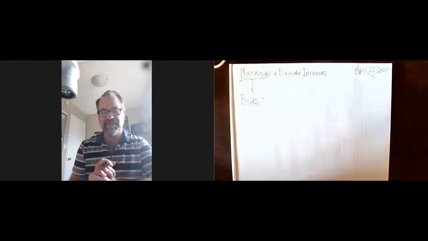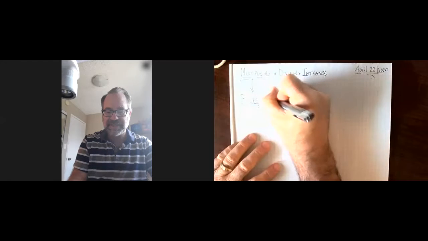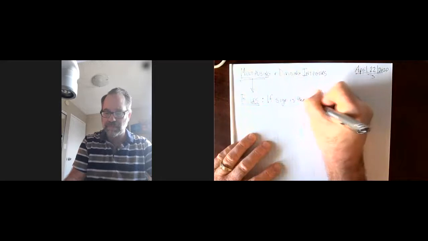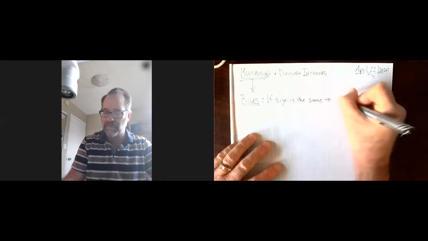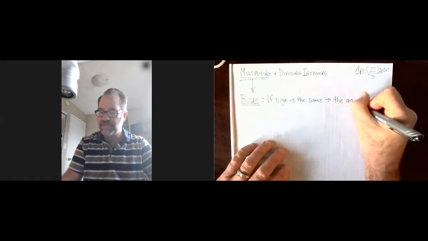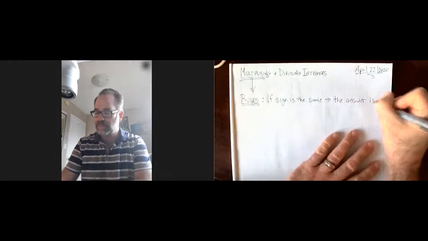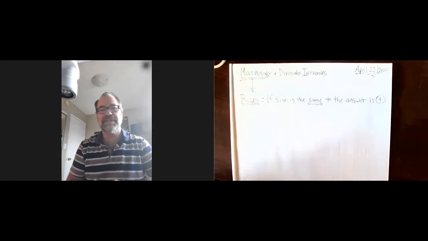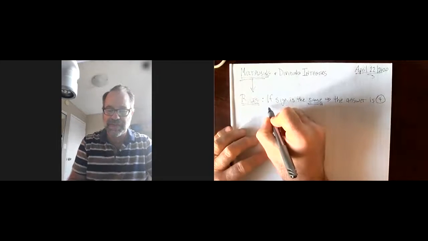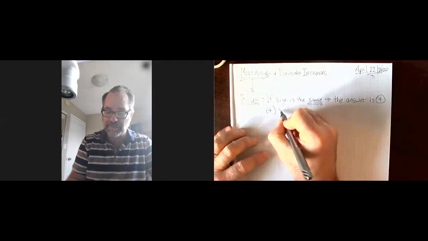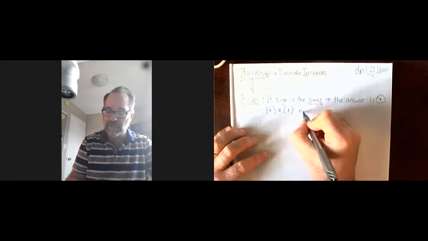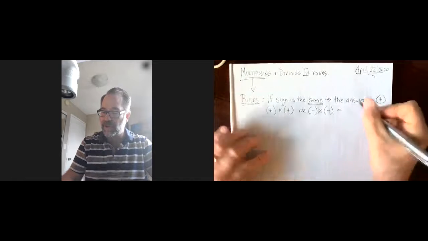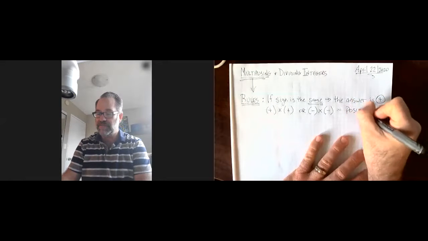So the rules for multiplying integers: if the sign is the same, the answer is positive. Okay, so the same sign will result in a positive answer. So what that means is a positive multiplied by a positive, or a negative multiplied by a negative, will always equal a positive answer.